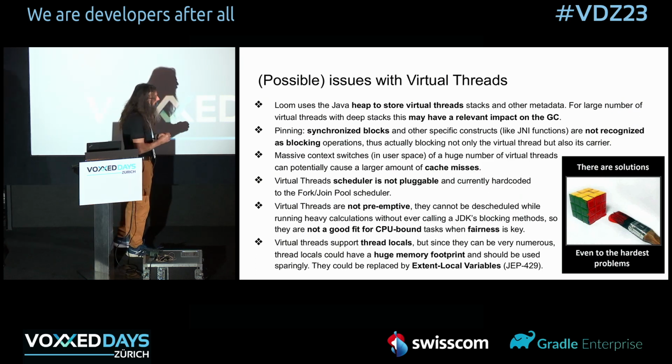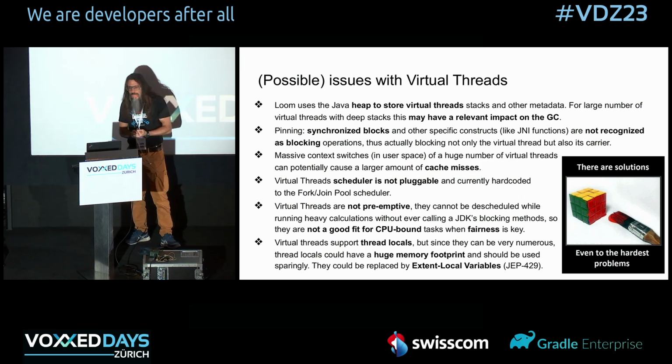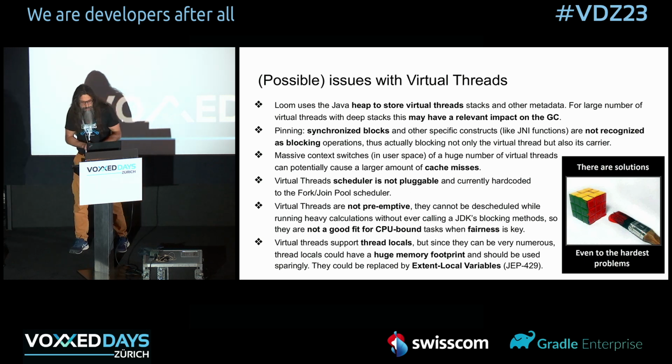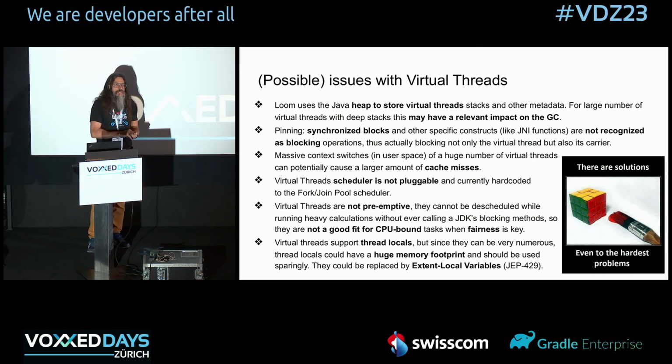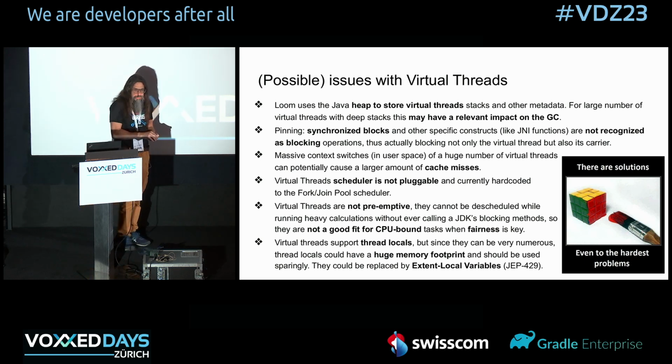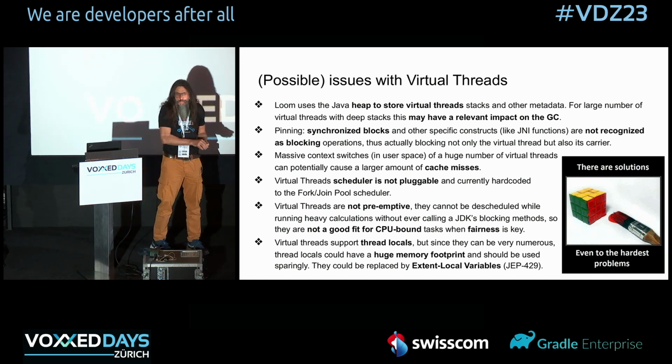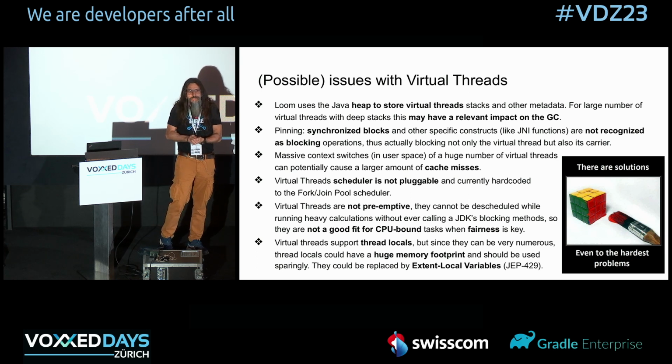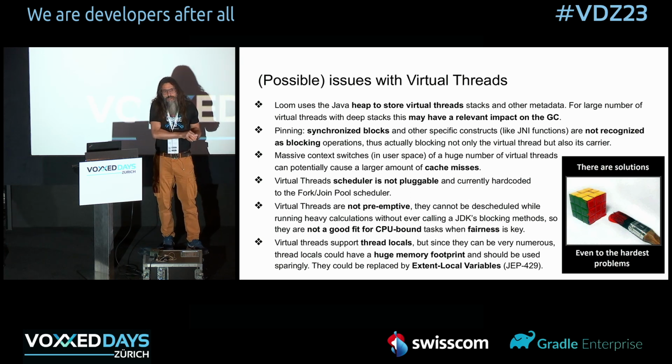The last thing is that virtual threads work with thread locals. The problem is that thread locals make sense with native threads when you have just a few threads, because if you use thread locals with native threads, you will have a thread local for each thread.